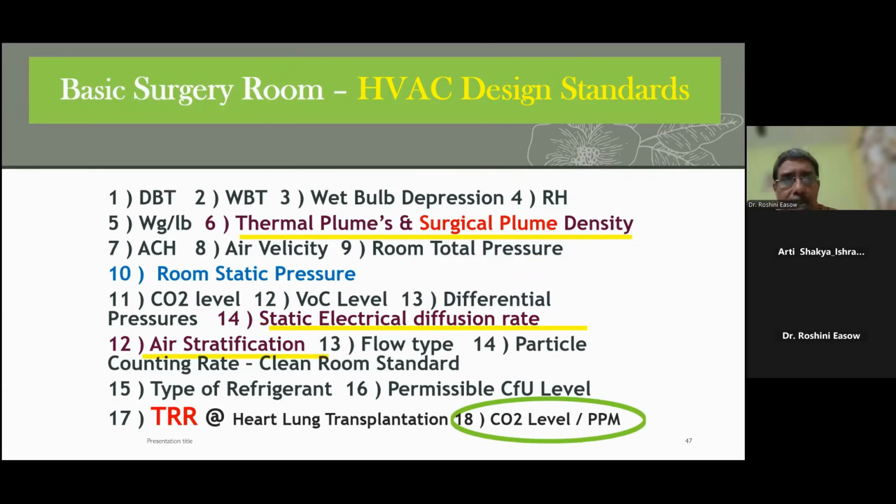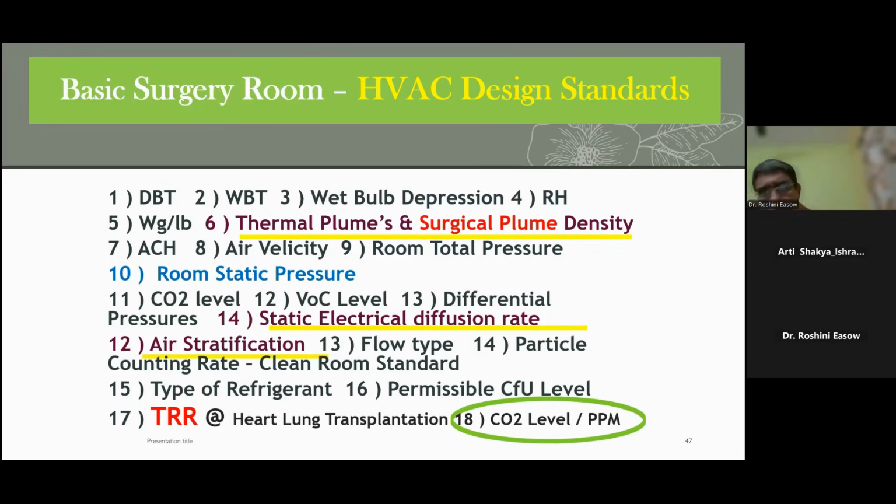Now, let us talk about basic surgery. When we talk about a surgery room, today it is not possible to cover everything. We will discuss classification of surgery in other sections. One thing is we have to consider both dry bulb temperature and wet bulb temperature, and also the wet bulb depression. Why? Because with the cooling tower, wet bulb depression is very important.